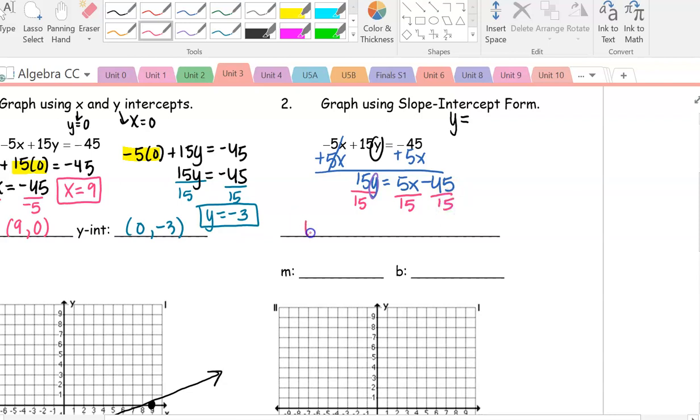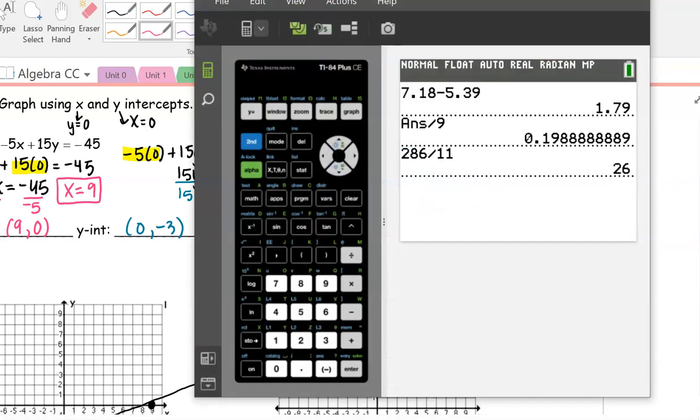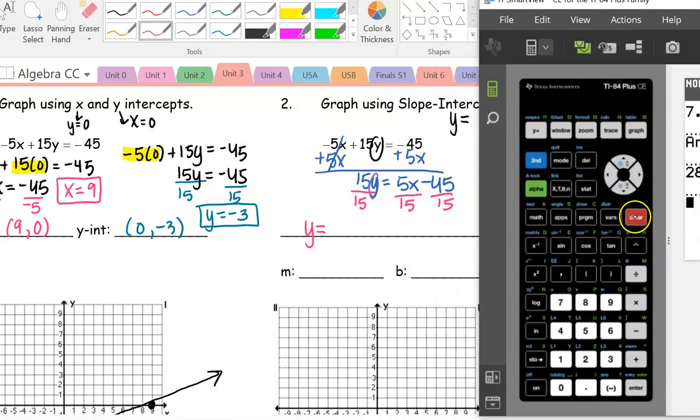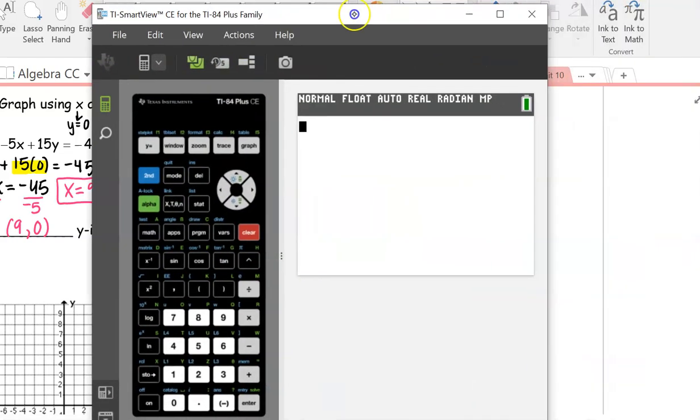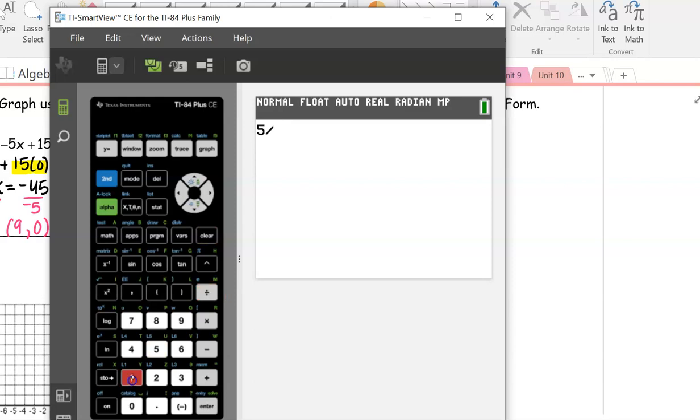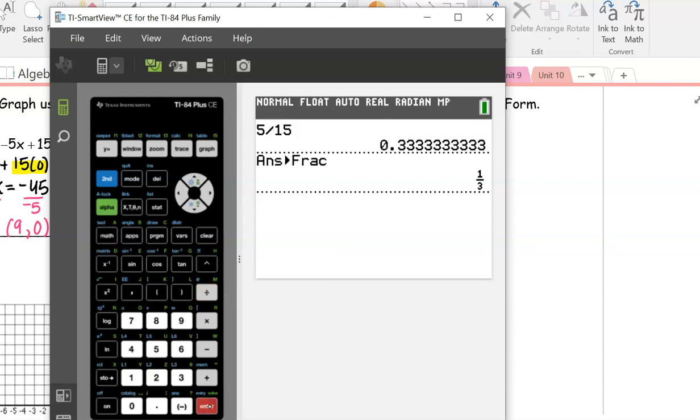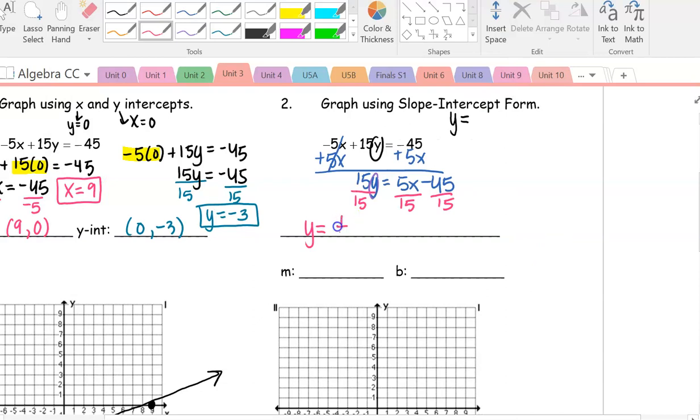Okay. y equals, and we have 5 divided by 15. Make sure you simplify that fraction. So that's a 1/3 x. And negative 45 divided by 15, we did that over here. That's a negative 3. Okay, so this is your slope-intercept form.